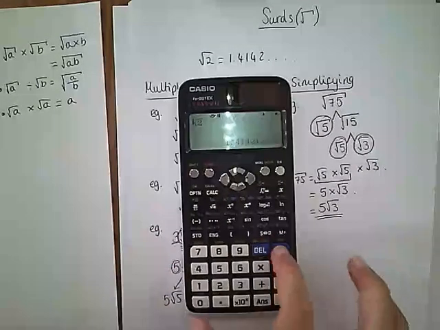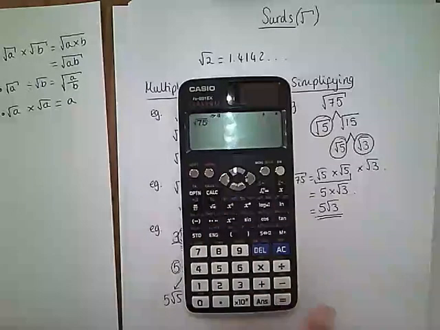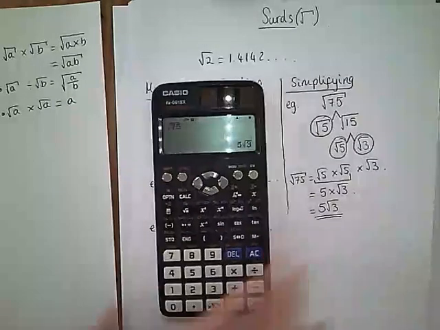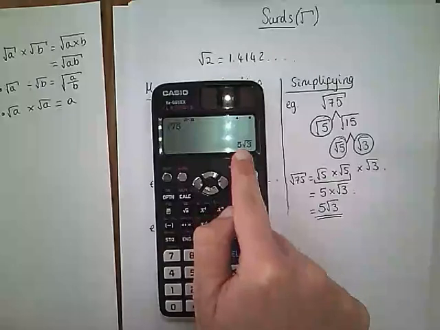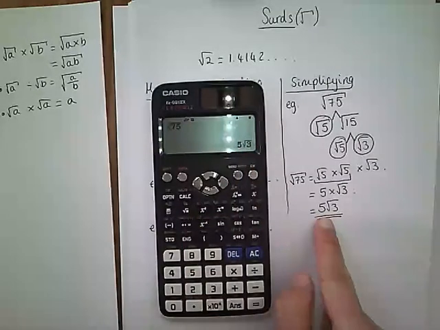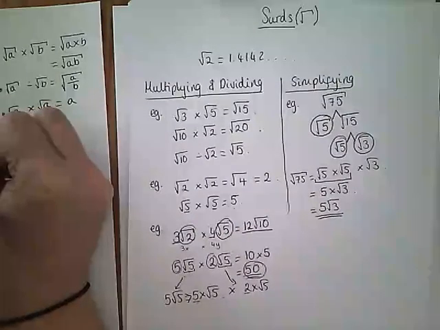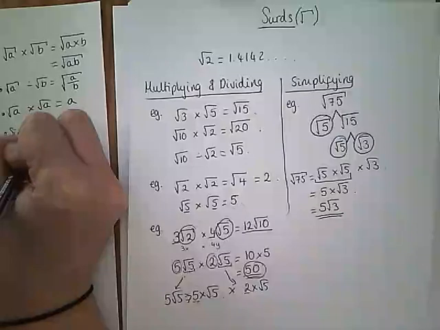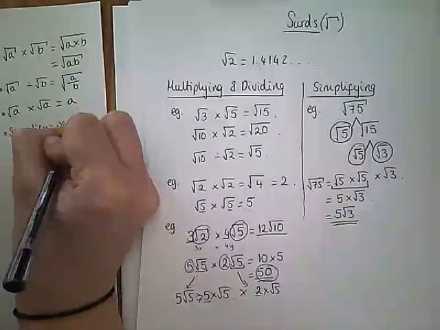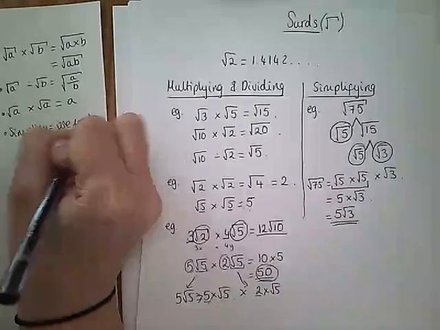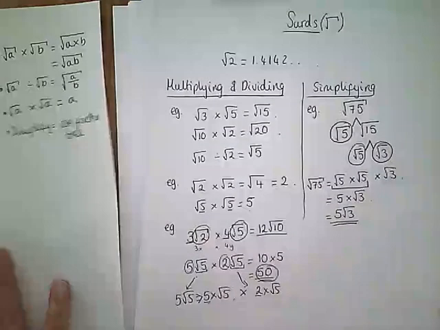Okay, let's put in root 75 and press equals. Now before it goes to a decimal, it will write it as a root, and that is 5 root 3, which is what we got here. Okay, hopefully that makes sense. That is simplifying. So when we simplify, we use a factor tree. Okay, hopefully that's all okay.